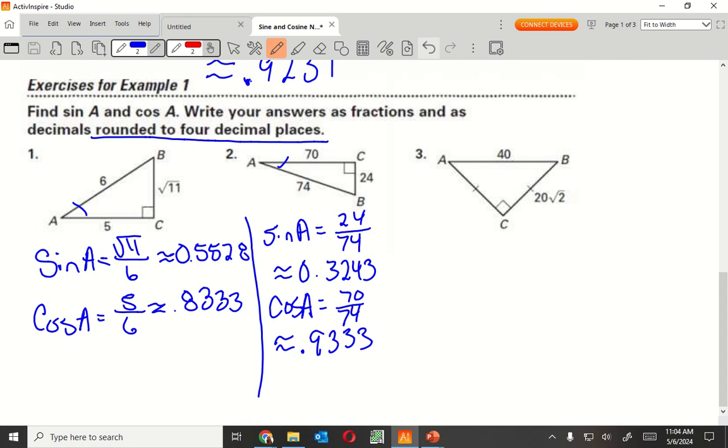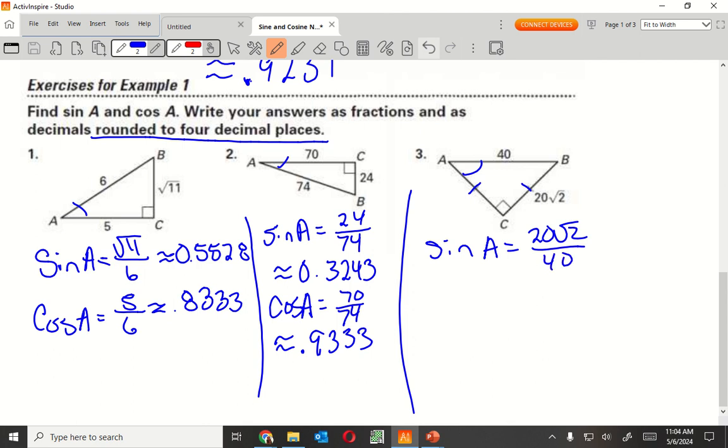All right, last one here. The tick marks mean that these guys are the same. That means they are congruent. Tick marks mean congruent. They are the same value. So from here, sine of A, opposite, 20 square root of 2 divided by 40.